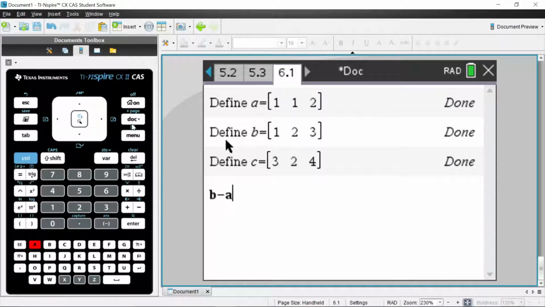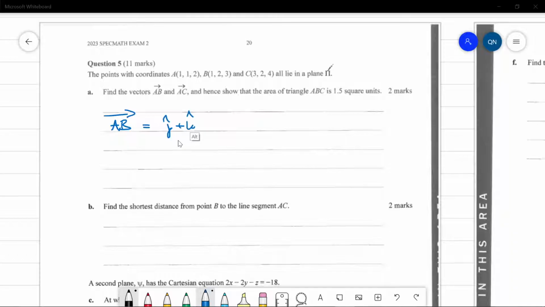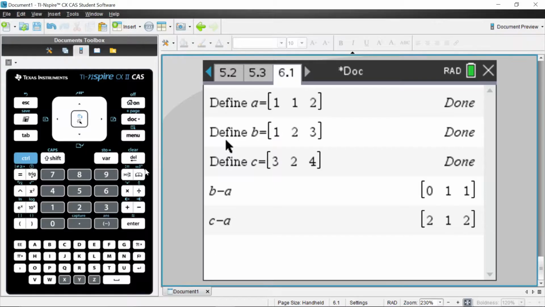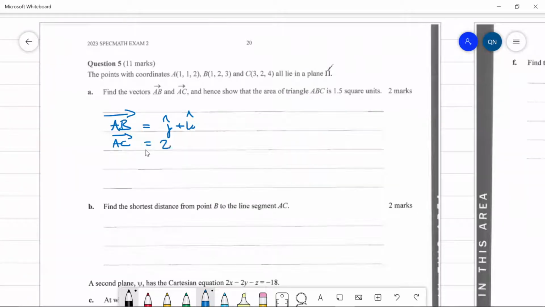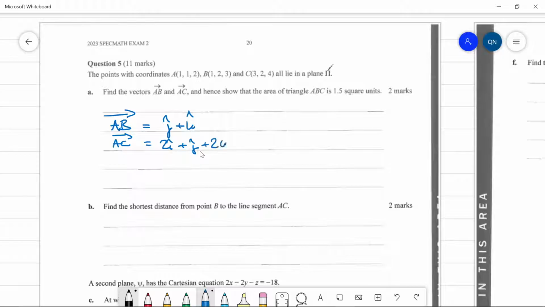So what's B minus A and what's C minus A? B minus A is 0, 1, 1, so we have j hat plus k hat. And then AC is C minus A, which is 2 i hat plus j hat plus 2 k hat.